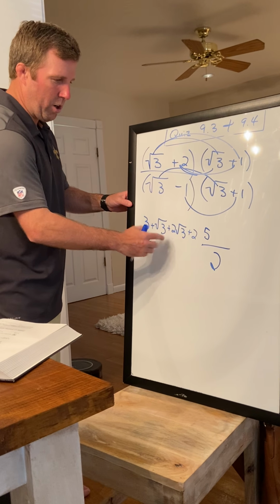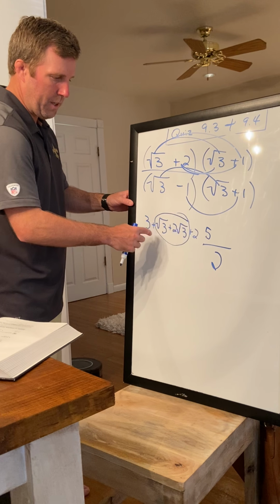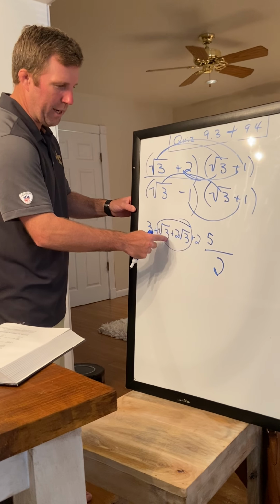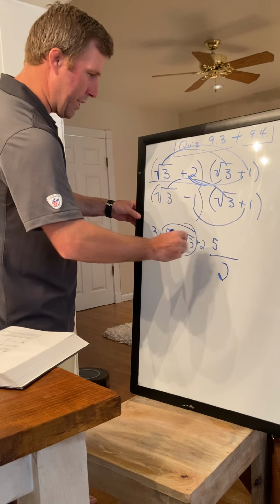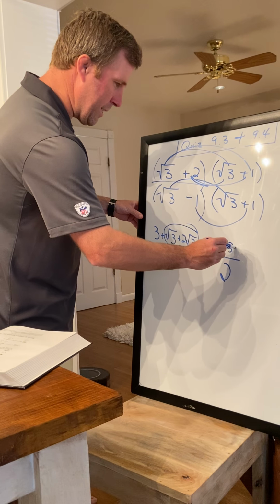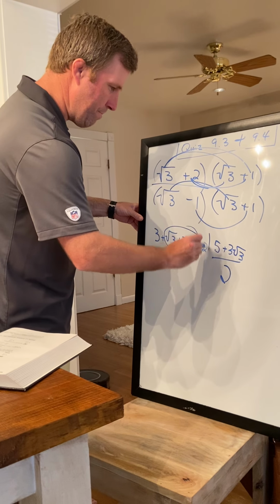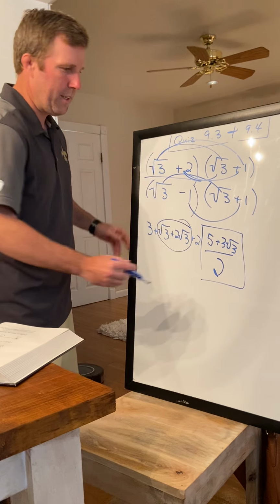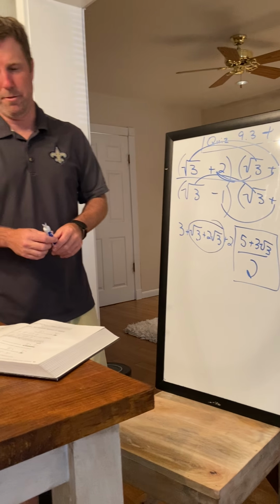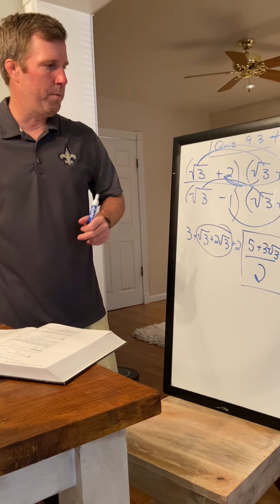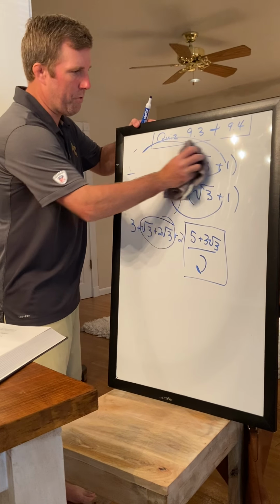And these actually are like terms because they have the same index, same radicand, which gives me 3 times the square root of 3. I rationalized the denominator.